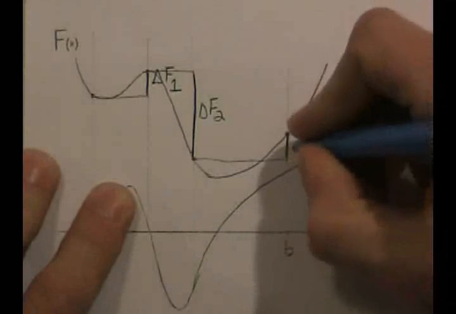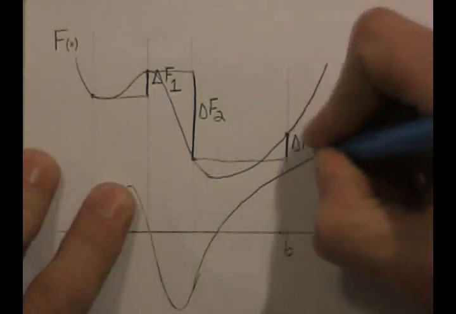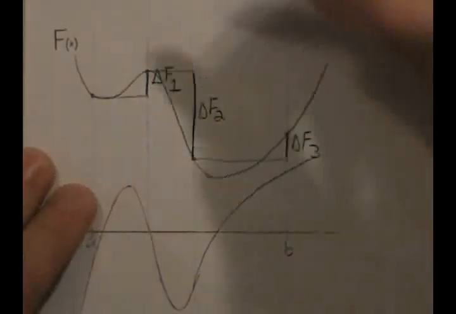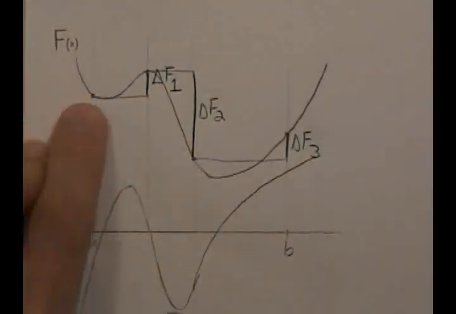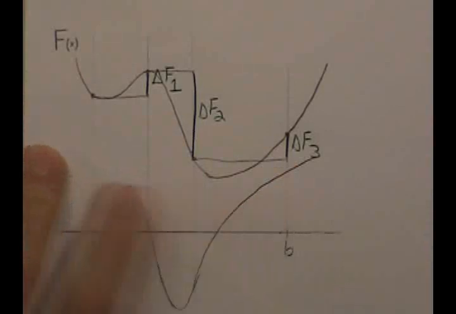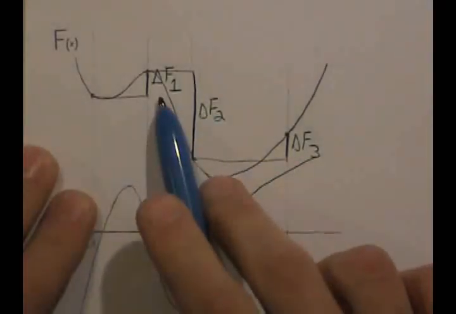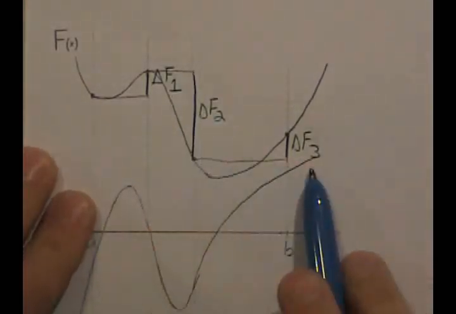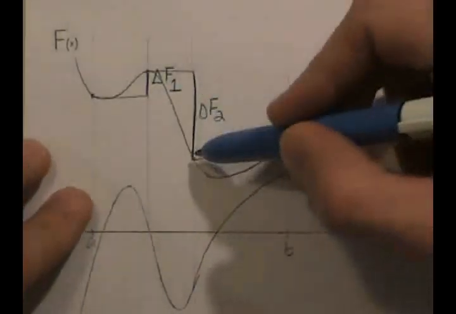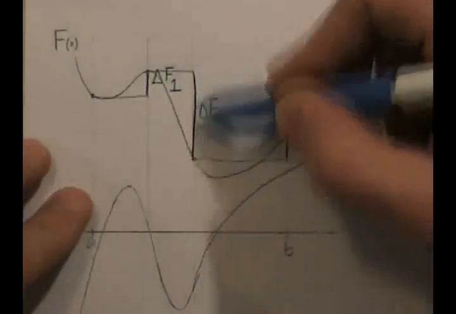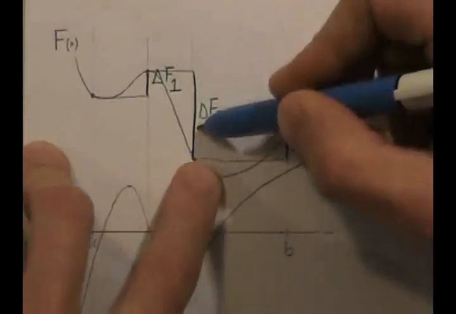This is delta F3. Now, if we wanted to know the total change in F from this point to this point, all we would need to do is add delta F1, delta F2, and delta F3. Remember that delta F2 gets counted as a negative quantity because the point on the right is lower.